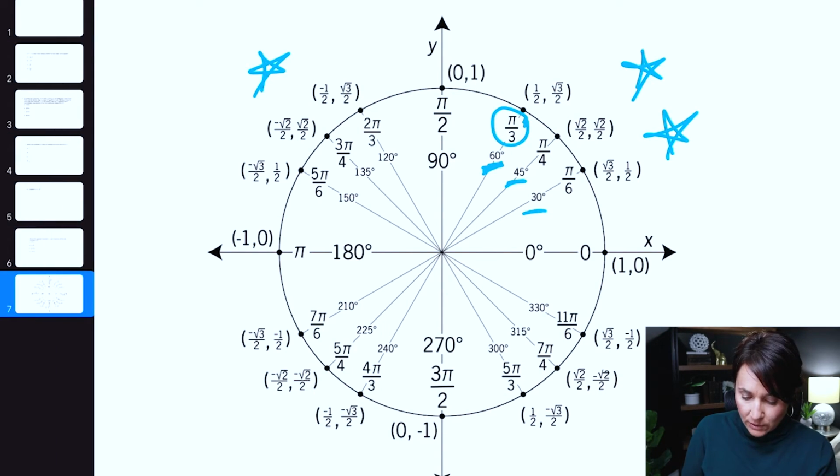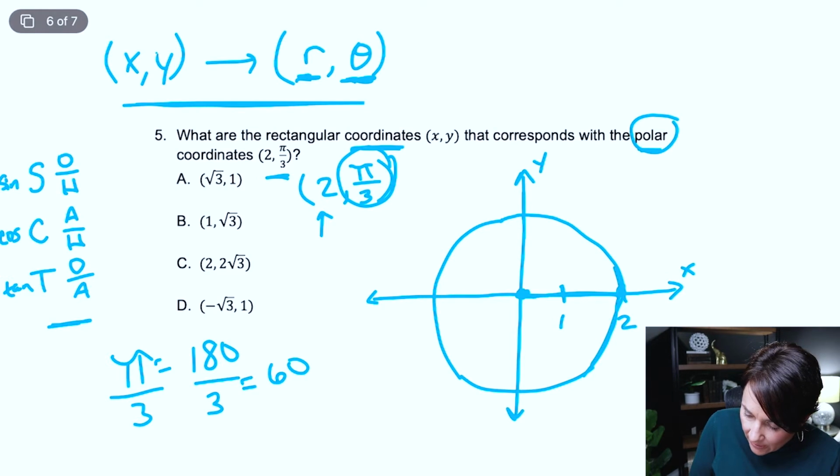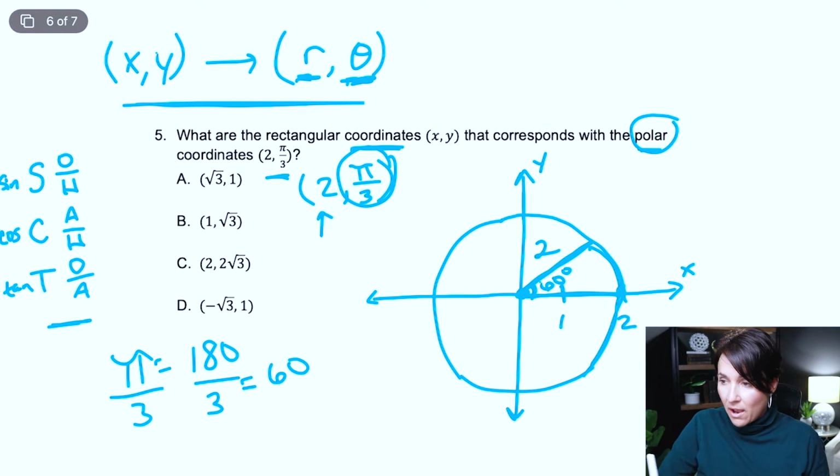Okay, so let's go back to my crazy circle here. I know that this is going to be an arc, and this is going to be 60 degrees, because theta, this angle right here, is going to be 60 degrees. Now remember, this is 2, because my radius, no matter where I draw it from, is going to be 2.